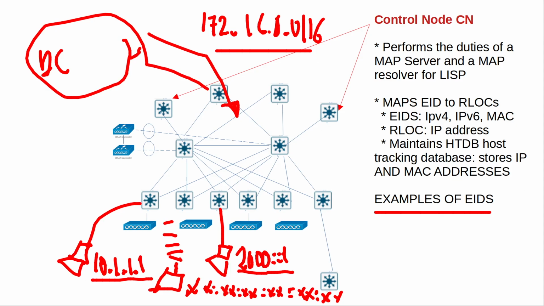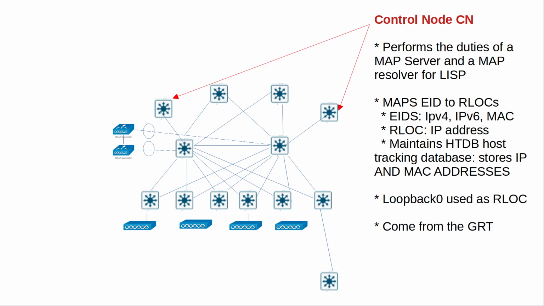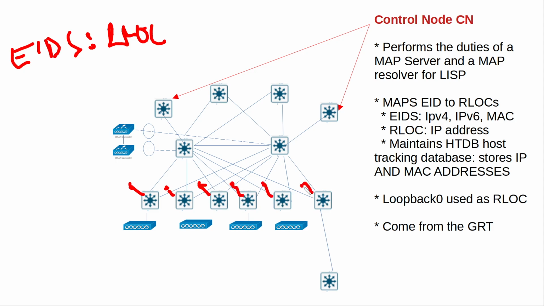So the endpoint ID can be IPv4 addresses, IPv6 addresses, summary prefixes coming from a data center, and MAC addresses. Remember that we are going to map endpoint IDs to router locators. The router locators will be actually the loopback 0 IP address that corresponds mainly to border nodes and edge nodes.